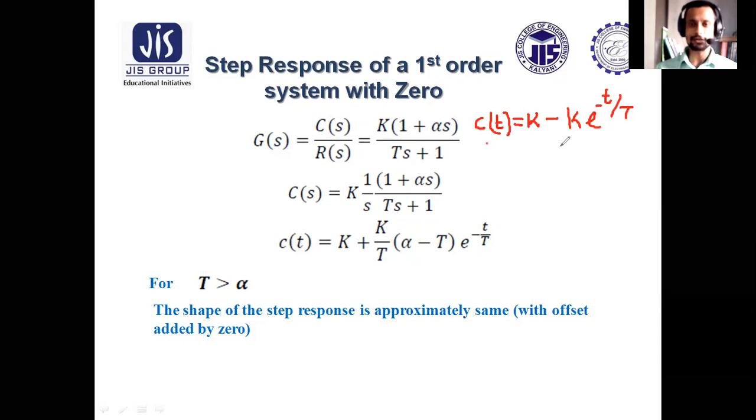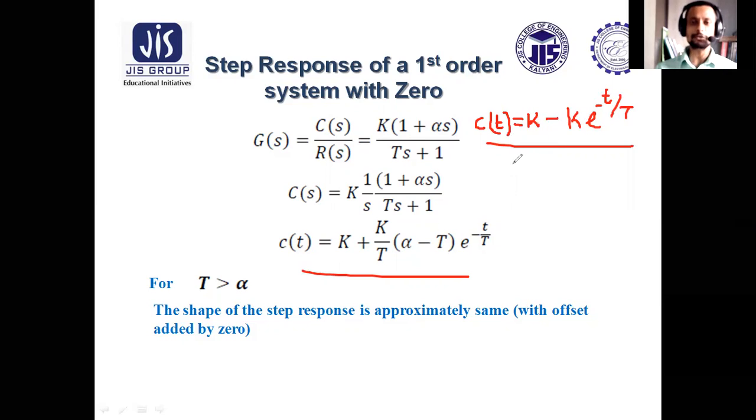This is the equation for a first order system with step input. So this is the step response of a first order system having no zeros, only one pole. And this is the step response of a first order system with a 0 and a pole.